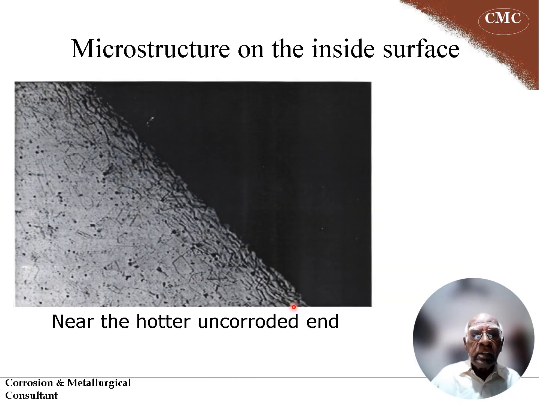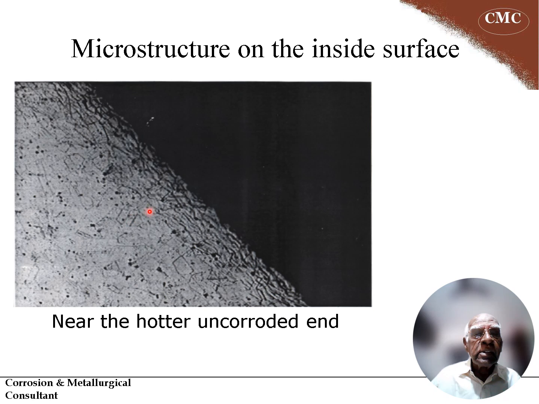Now we also looked at the corrosion far away from the leaked area, just to make sure of the quality of the tubes. You can see here the corroded end, and this is the microstructure on the inside surface near the hotter, uncorroded end. Here also you can see the structure at the surface is quite different from the structure inside.